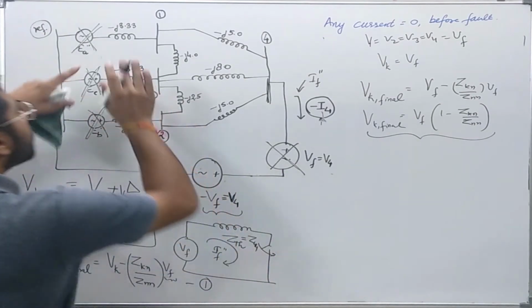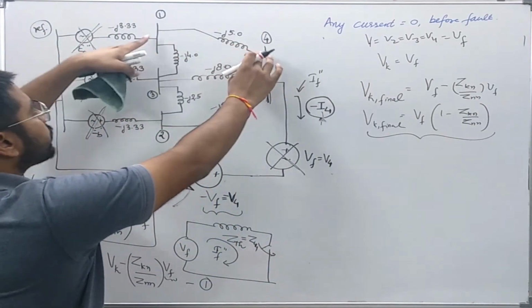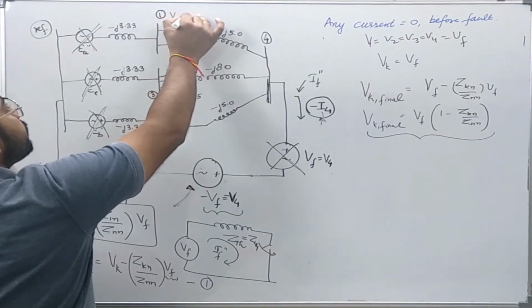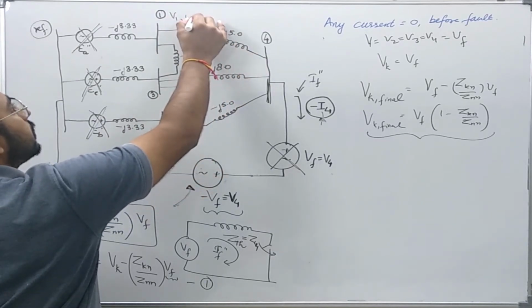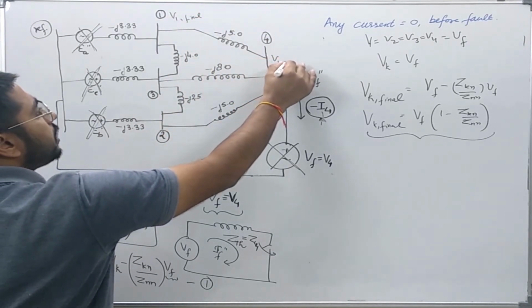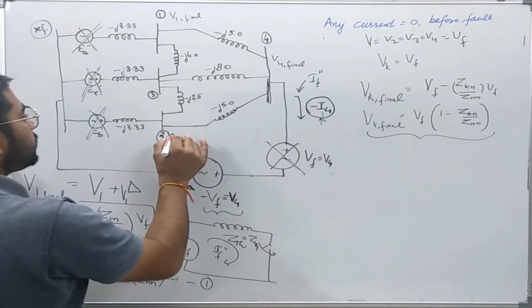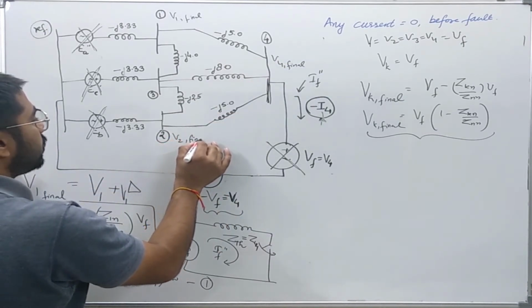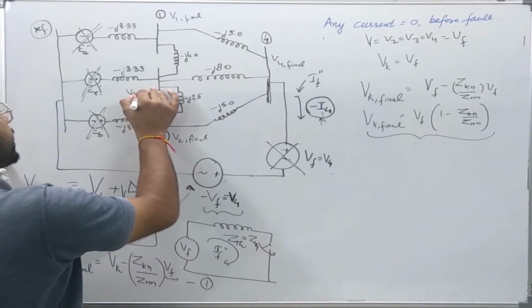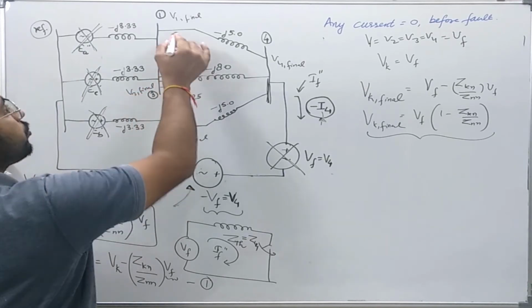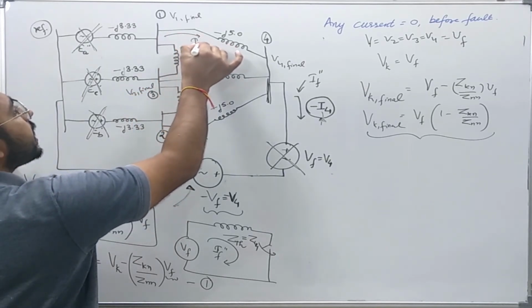Now, since I know all the bus voltages, let us say this is V1 final, this is V4 final, this is V2 final, and this is V3 final. Now, if I want to find this current, let us say this is current IA.